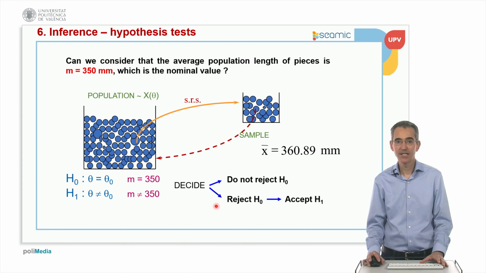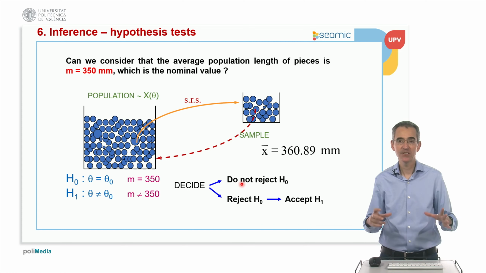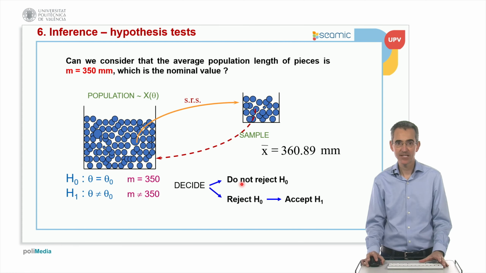Well, the opposite to reject colloquially is to accept. So we can say accept the null hypothesis. But if I say that, it can be confusing. Why? Because if I say the conclusion of the test is to accept the null hypothesis that m is equal to 350, it seems that I'm saying that we have demonstrated mathematically that the real value of the population mean is exactly equal to 350, and this is not correct.